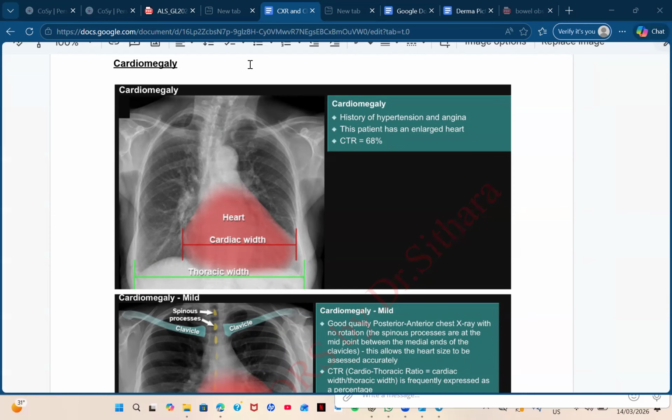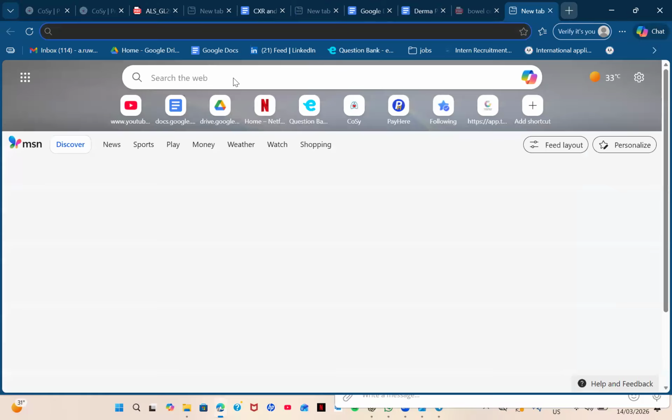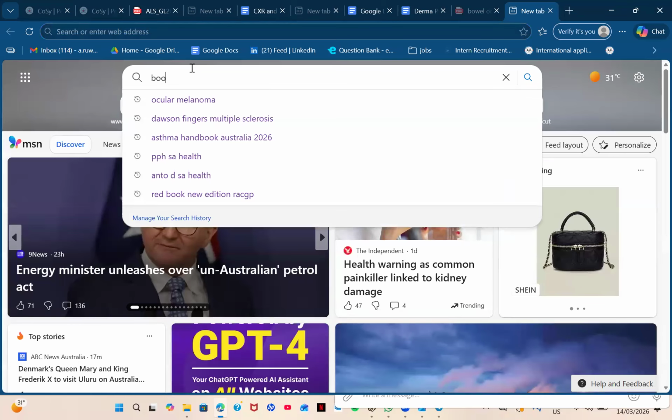Okay, where is a boat-shaped heart present, doctors? Tell me, where is the boat-shaped heart present? Tetralogy of Fallot, right? I'll show.